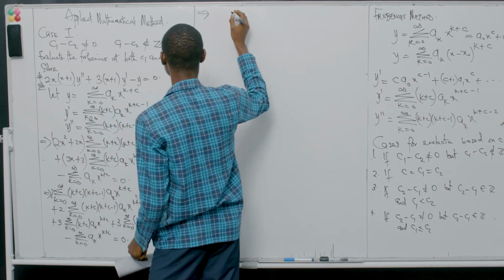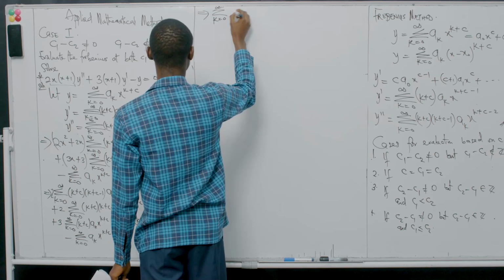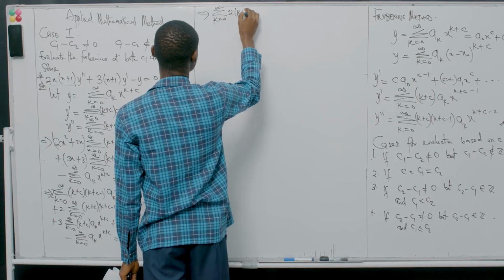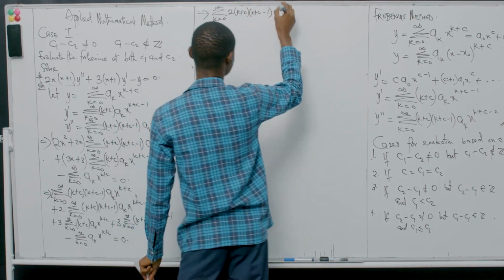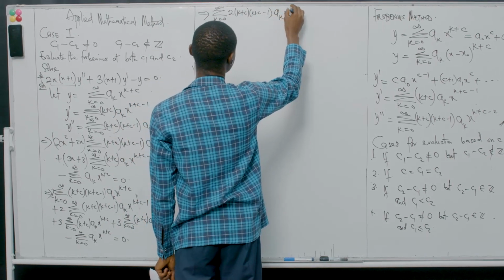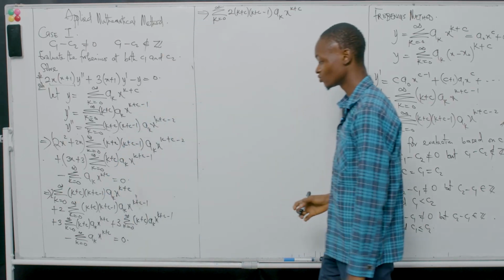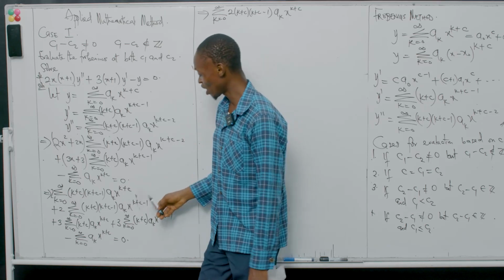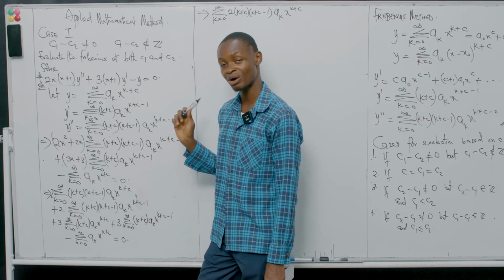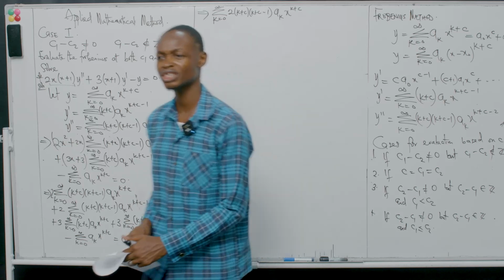I can probably bring the 2 inside, so I won't forget it on the way: 2 into k plus c minus 1, ak x to the power k plus c. Here, what do we do? I need to be able to remove this. Now, remember, when we were dealing with the variables in power series, in this case, what we need is k plus c. Someone send a message in chat.